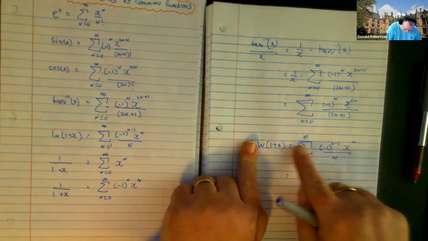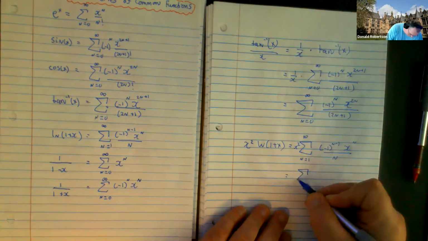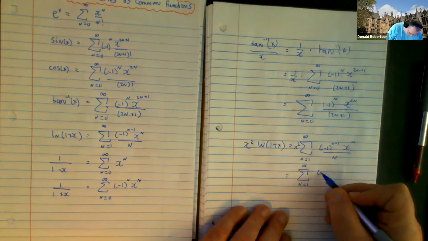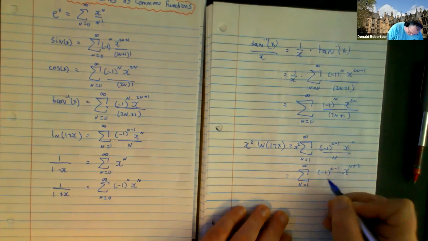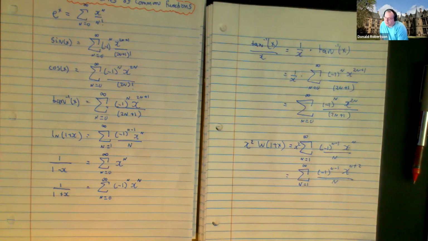That guy is just a straight copy. Now, all I need to do is multiply by x squared. Oh, if you bring it inside, it just joins this guy. And technically speaking, I could make that x to the n, but we're not going to bother.